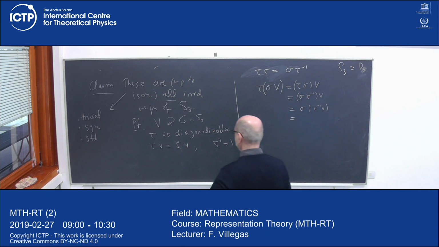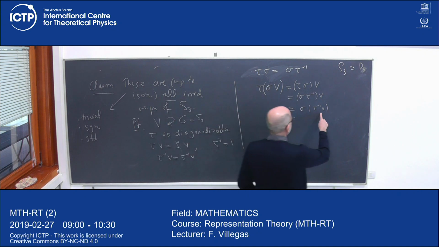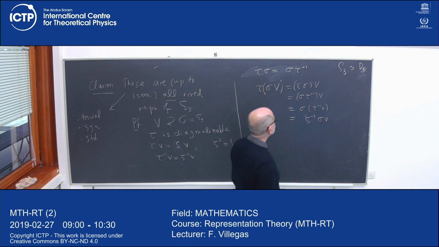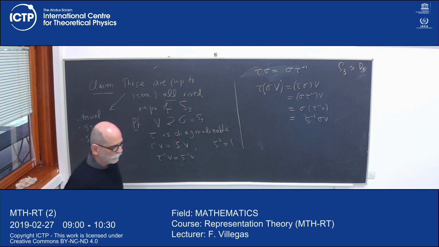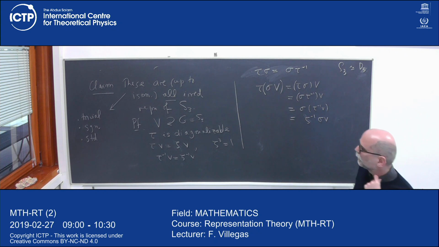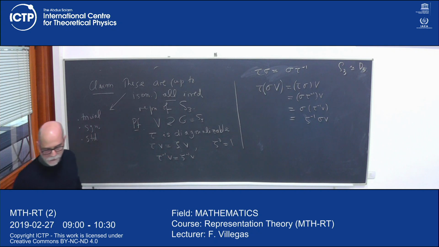But if tau acts on V as theta V, then that means that tau inverse of V has eigenvalue theta inverse. Theta is a scalar, commutes with everything, so this is the same as theta inverse sigma V. So if V is an eigenvector with eigenvalue zeta for tau, then sigma of V is an eigenvector with eigenvalue zeta inverse.